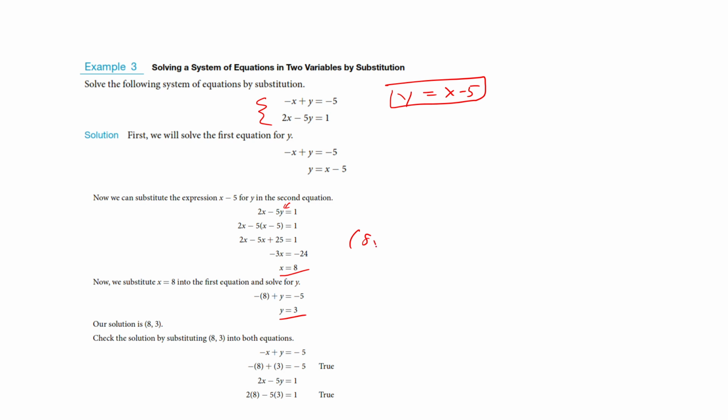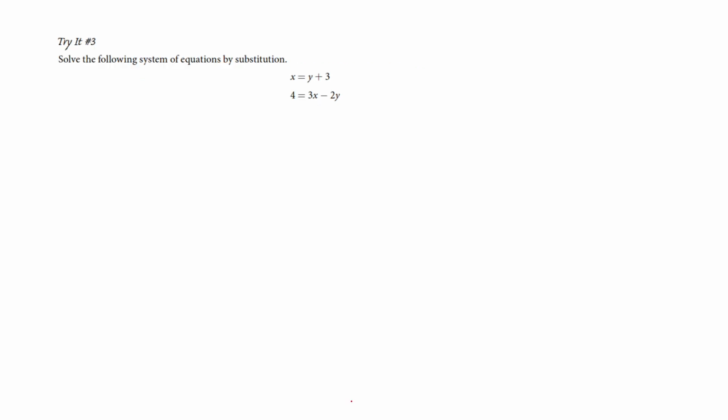So if I make this substitution and I can come up with a value, then it means that this is where they intersect each other. If y equals x minus 5 in the other, and I plug it in, I find the point where the two lines are actually intersecting. So (8, 3). If you check this, what you find is (8, 3) is on both of the lines, which we learned means that it is a solution to the system.